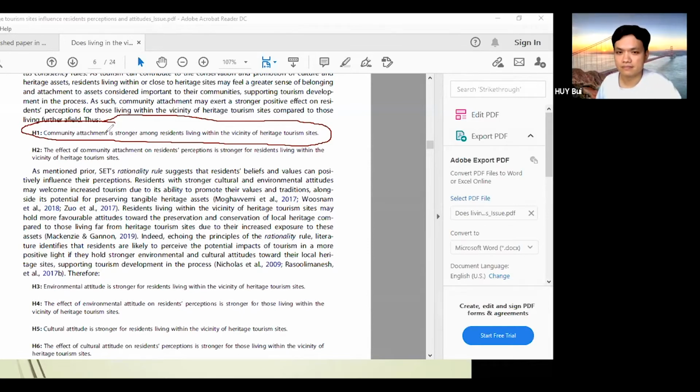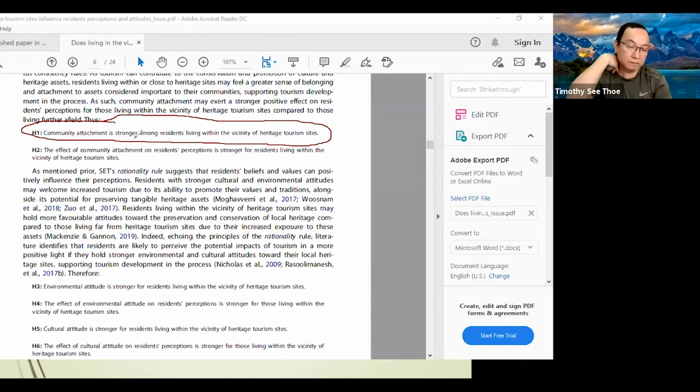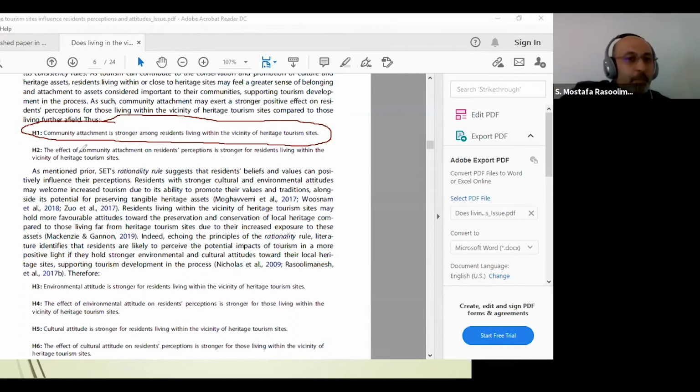So the first one is a simple independent-samples t-test, right? But the second one refers to a relationship, so it's a moderator. We say the effect of community attachment on perception is stronger for one group compared to the other.